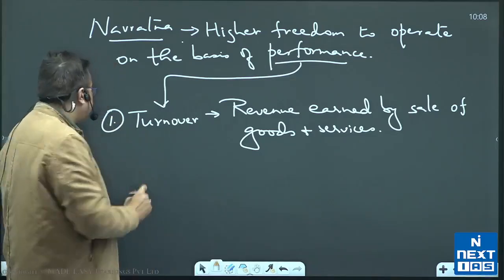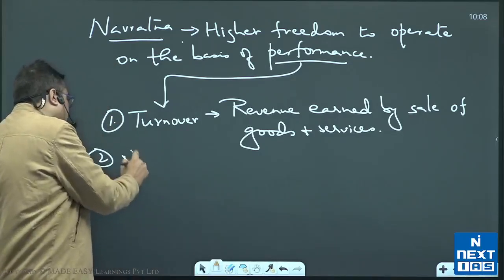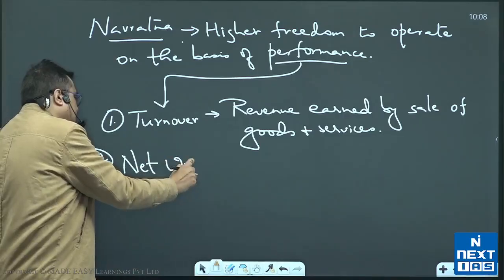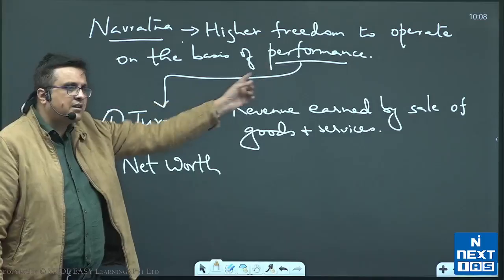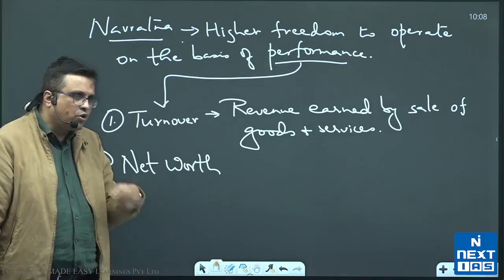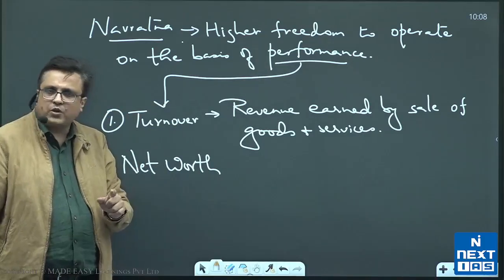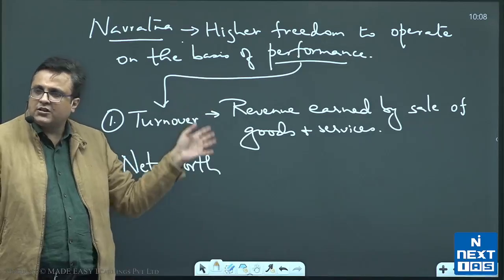Then another thing taken was net worth. मैं फिर रिपीट कर दूं, परफॉर्मेंस को जज करने के क्राइटेरिया थे, that how good you are performing, how bad you are performing. So judgment was done on this basis.